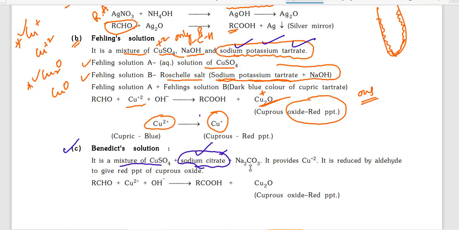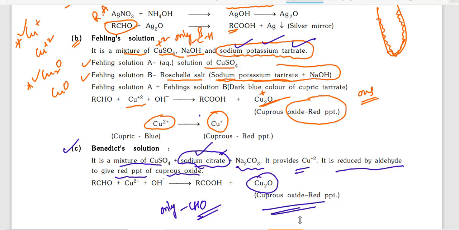Sodium carbonate provides the alkaline medium, and the copper plus 2 is reduced by the aldehyde to give a red precipitate of cuprous oxide. The reason is the same, with only a small variation in the reactants: there tartrate, here citrate. This is Benedict's solution. It is also given by only aldehydes. What is the color? Red precipitate.